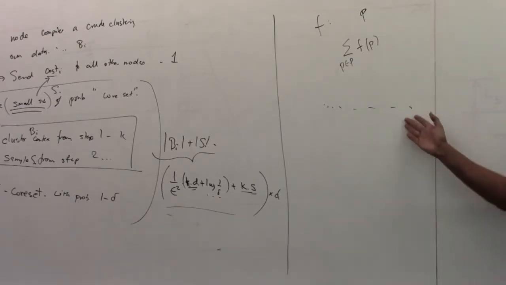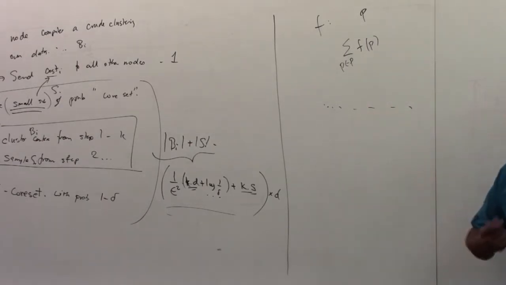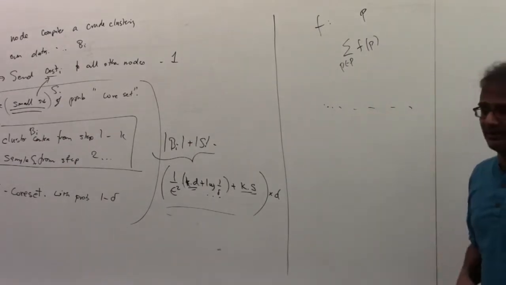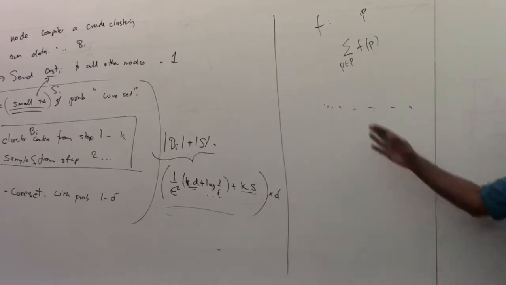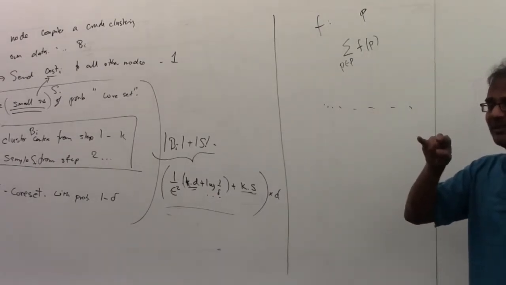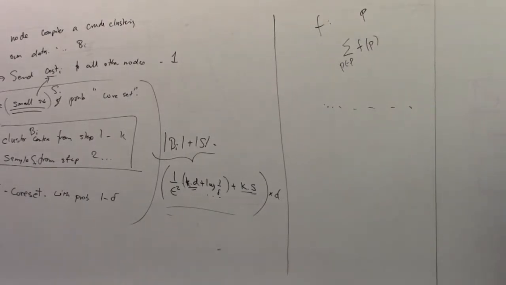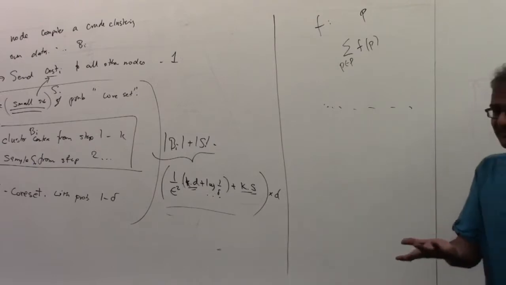Now I just have a bunch of points, and I want to estimate this property. So I'm going to take a bunch of points at random, add up their values and scale it accordingly. So I'll take a sample of size R, add up the f of p values for those points, and scale it up. Something bad is going to happen, right?